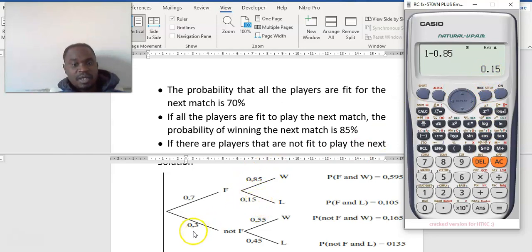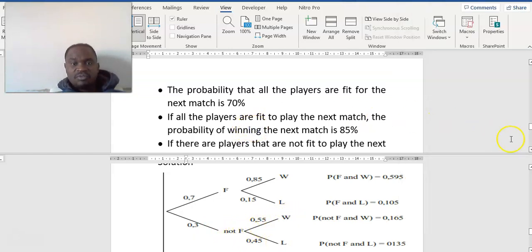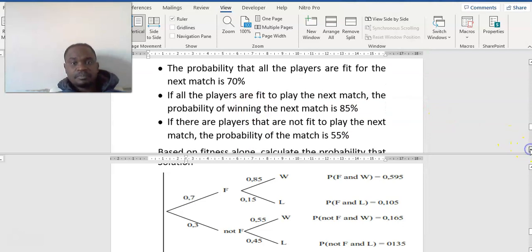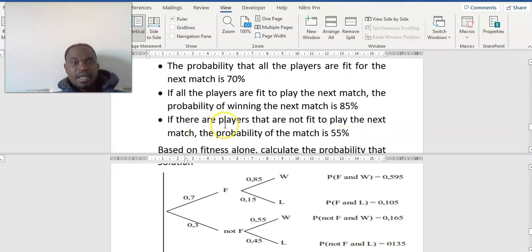Alright, now let's look at the next one. We are done with this. If the players are not fit, they may win or lose. And we're given information here that if there are players that are not fit to play the next match, the probability of winning the match is 55%.